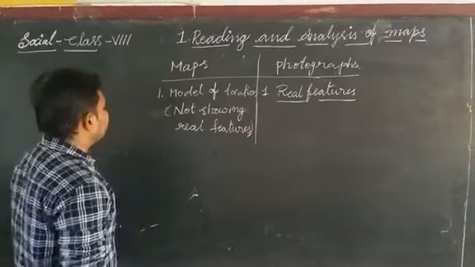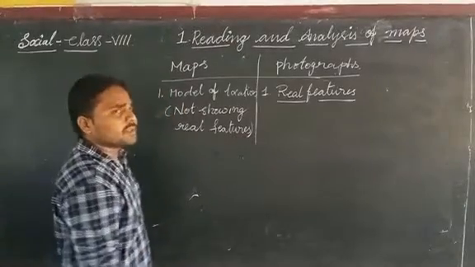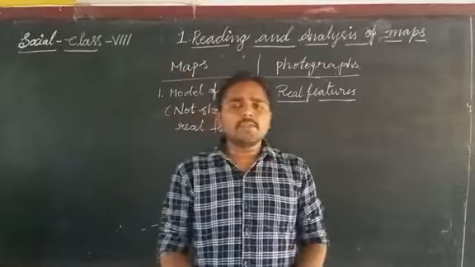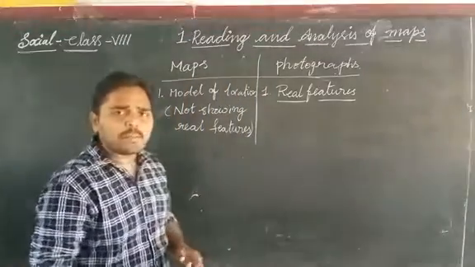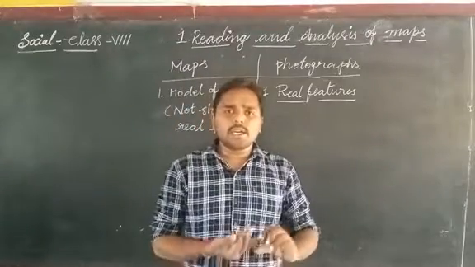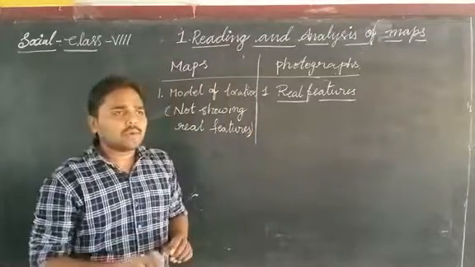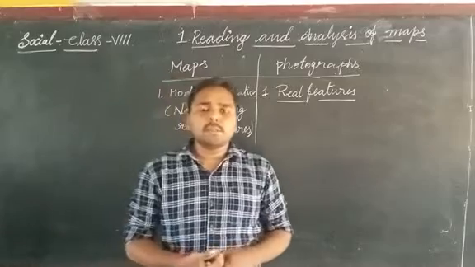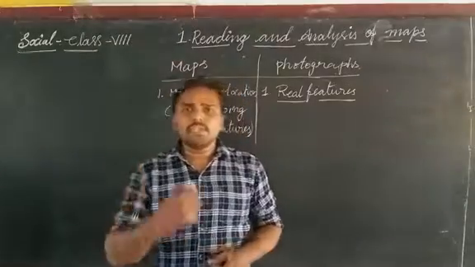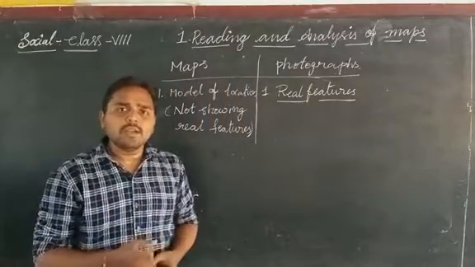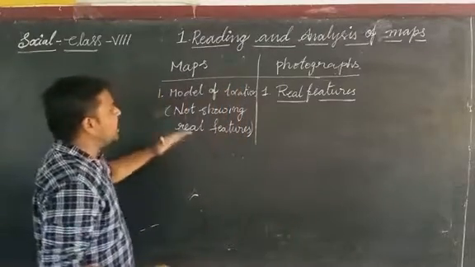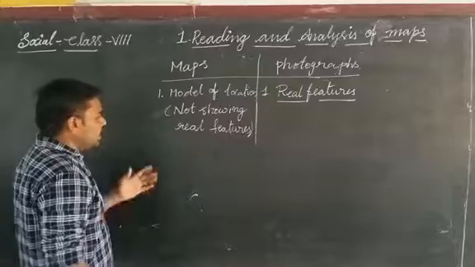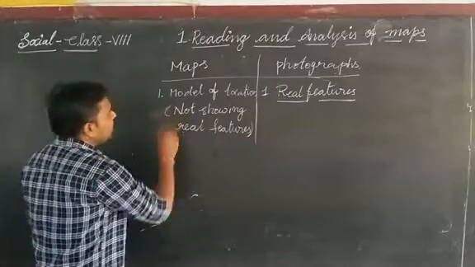For example, with the help of maps, we can show different types of locations like plains, plateaus, height of the mountains and height of the lands, oceans, seas, the people, the language they speak, rainfall, temperatures, climate. These are all the things we can show with the help of maps. What are the different factors we can show on maps?